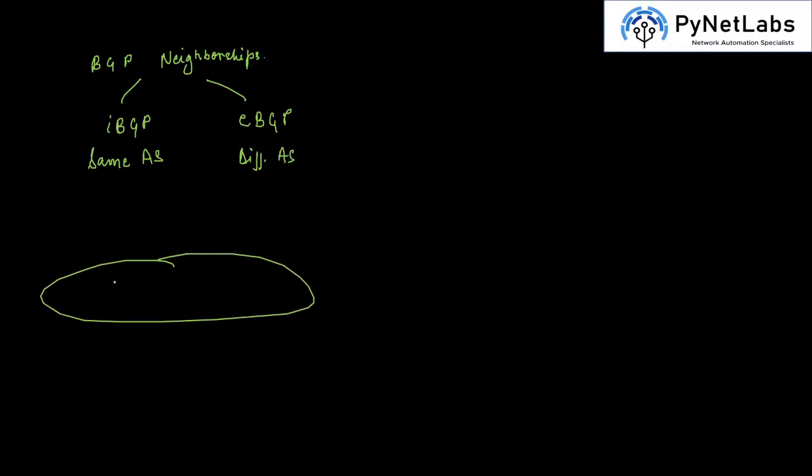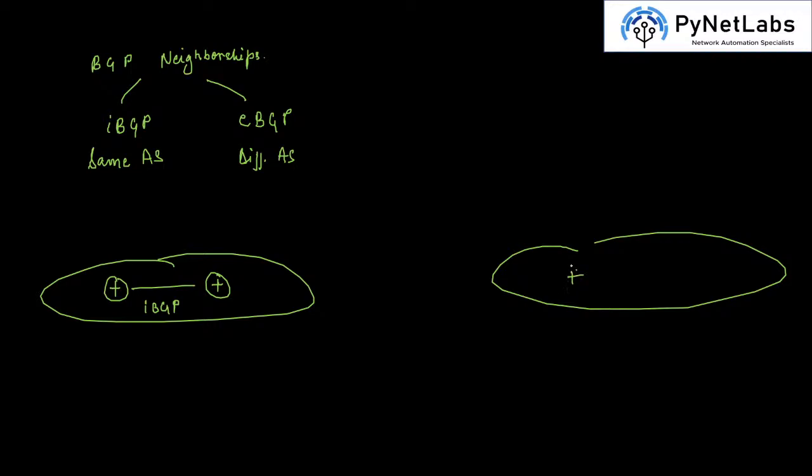If 2 routers are in the same autonomous system, and I am configuring BGP between them, then I would say that it is going to be an iBGP network. Similarly, let's say there is another site where you have 2 routers connected together, and there is BGP communication between them, then that is also going to be iBGP. Let's say this is my autonomous system 10 and this is my autonomous system 11.